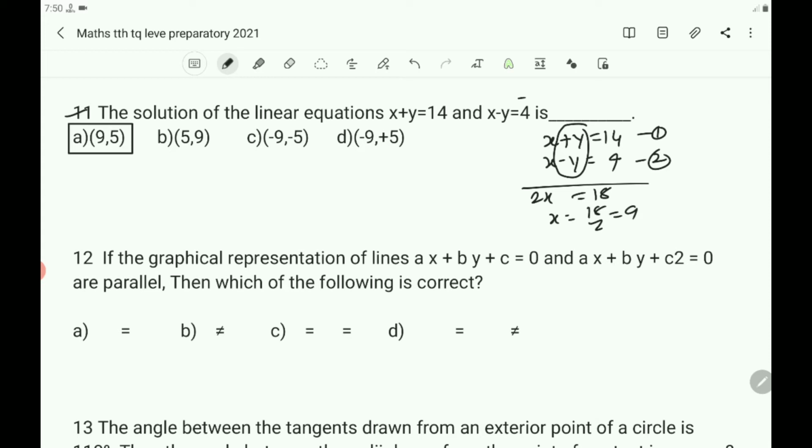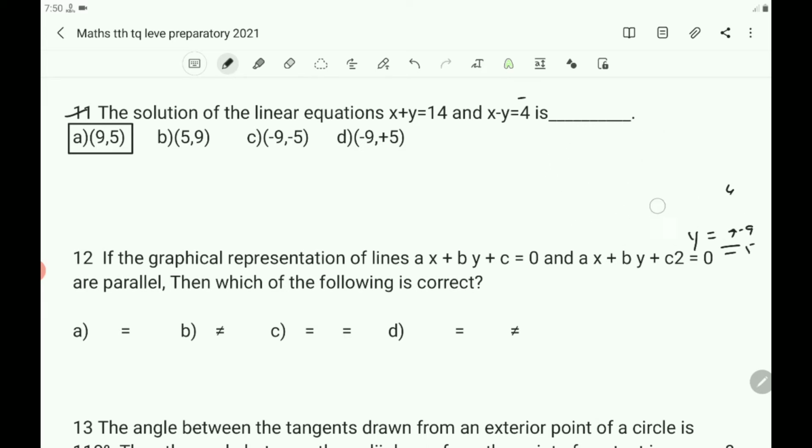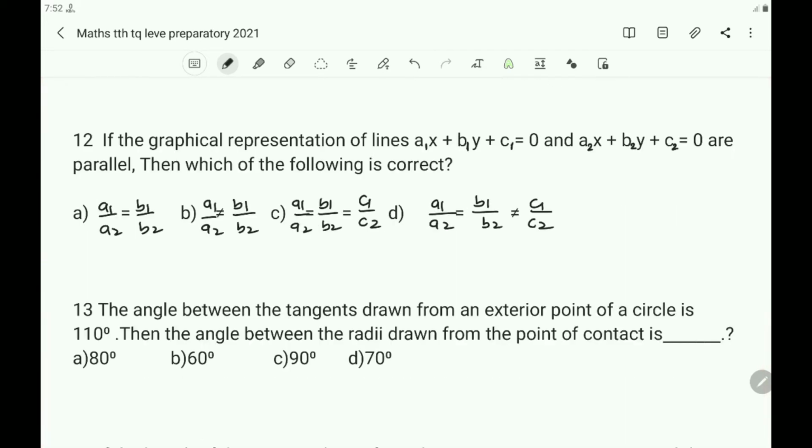Then x plus y equals 14 becomes 9 plus y equals 14, so y equals 14 minus 9 equals 5. Or otherwise you can get it by the substitution method also.